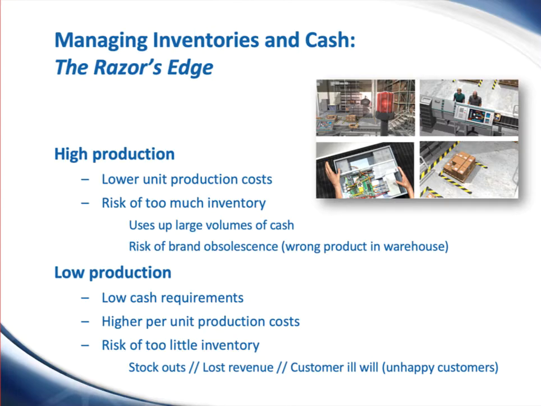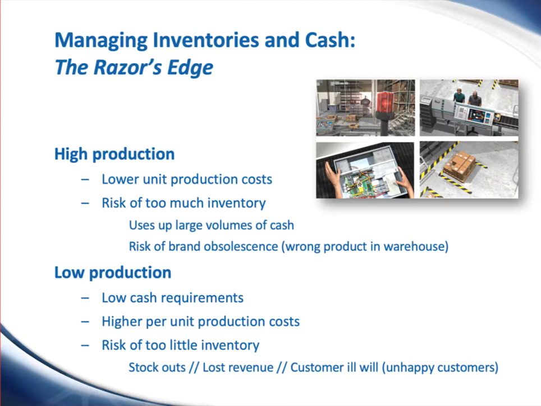So the benefit of low production costs with large runs is to be debated against the risk of too much inventory based on how much cash you bind, as well as if you haven't sold everything in the quarter, will the brand be obsolete next quarter given the competitive reaction in the marketplace?